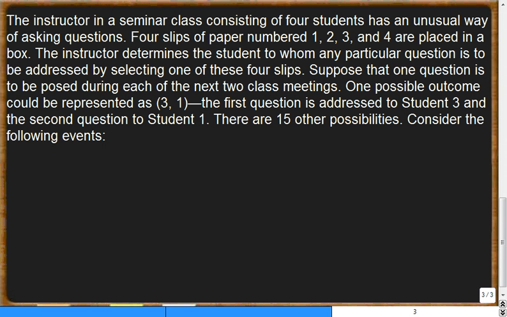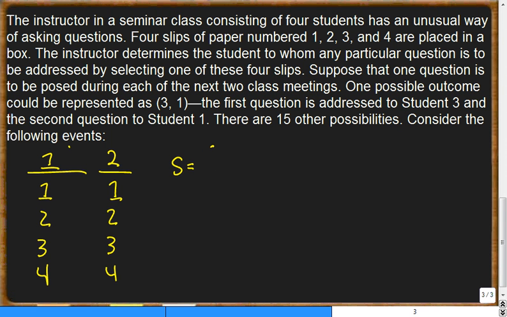Consider the following events. Let's look at our sample space first. We've got class 1 and class 2, with 4 possibilities for each: 1, 2, 3, or 4, and 1, 2, 3, or 4. For each of these, we can create a sample space, just like we have before.